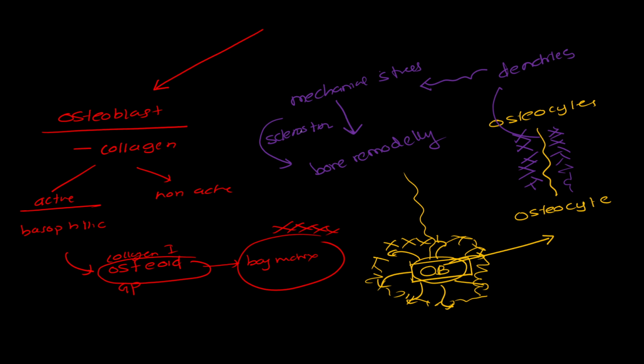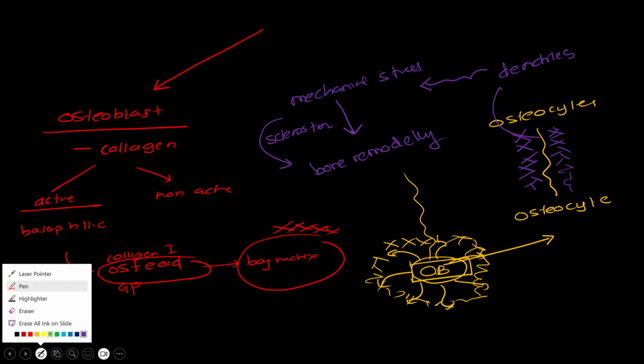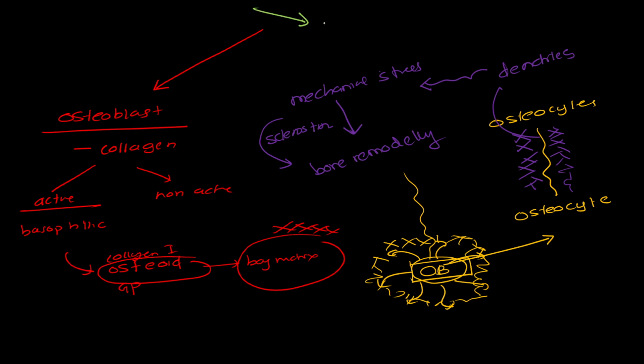Apart from that, the other type of cell that you should know is the osteoclast. Osteoclasts are cells which resemble macrophages. The production of osteoclasts is in fact driven by osteoblasts.